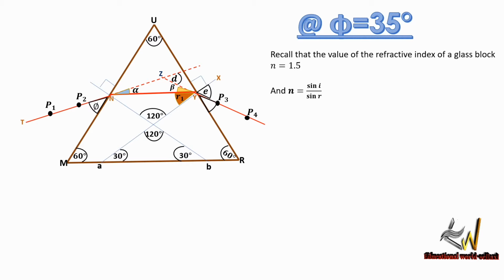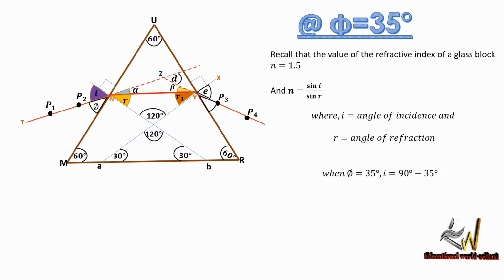The same procedure goes on when phi is equal to 35 degrees. Still using our formula, n is equal to sine I all over sine r. So when phi is 35 degrees, the real angle of incidence I is what, 90 minus 35, which is equal to 55 degrees.